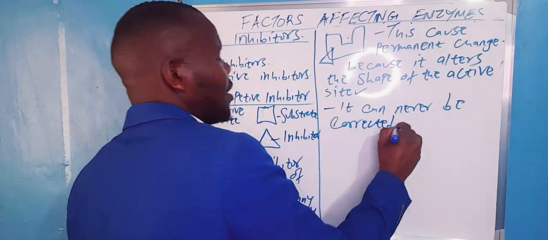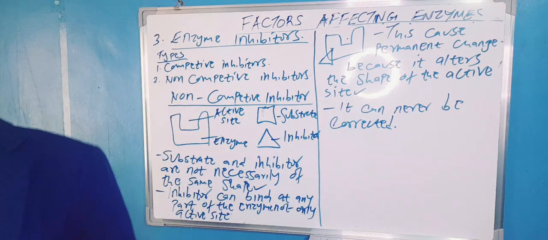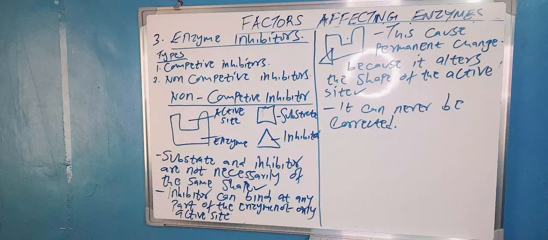The other one we are correcting by increasing enzyme concentration. By increasing what? Enzyme concentration. But we are saying this one, we cannot do what? We can no longer correct. Once it's done, it's just done. Once it has destroyed, it will have destroyed. Hope you have got to understand and learn about these things.